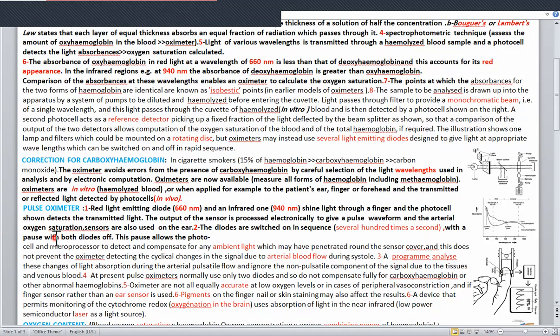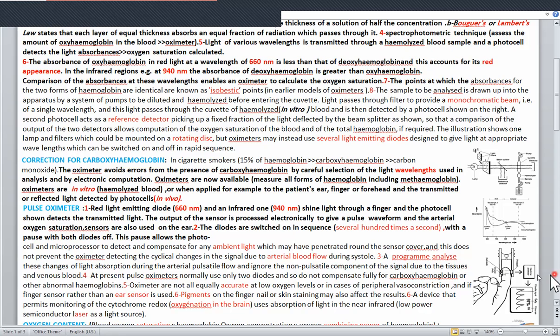And there is a photocell that detects the transmitted light. The output of the sensor is processed electronically to give a pulse waveform and the arterial oxygen saturation. Sensors are also used for the ear. You have special sensors for the ear also. Sometimes the sensors of the finger do not give correct results whenever they are applied on the ear.